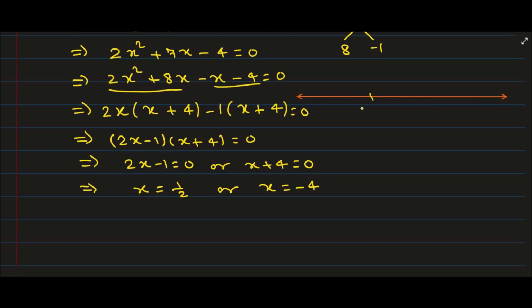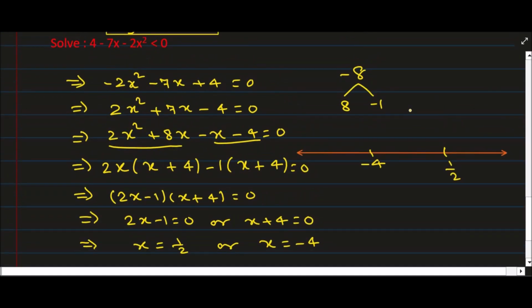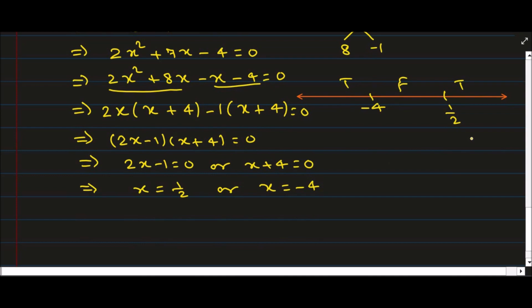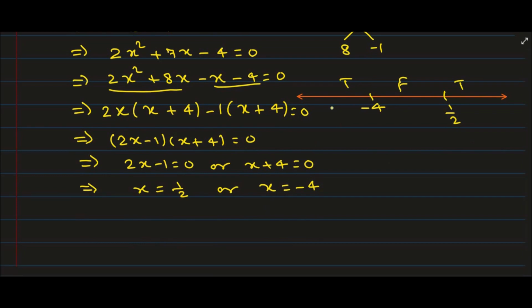So minus 4 will come on the left side and half will come on the right side. 0 comes between. So if you substitute 0 here, we get 4 less than 0, which is false. Right? So the middle is false, and the other two regions are true. Now how to write the solution? Minus 4, the left side, is true.